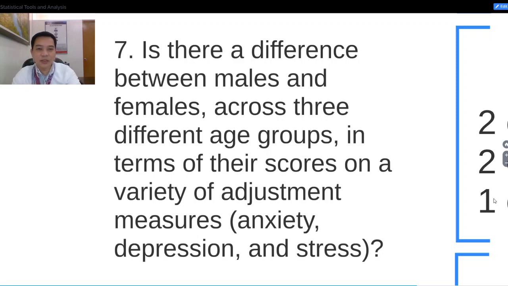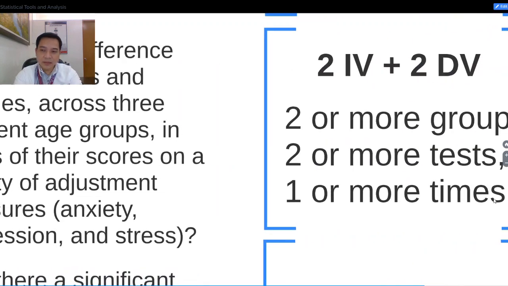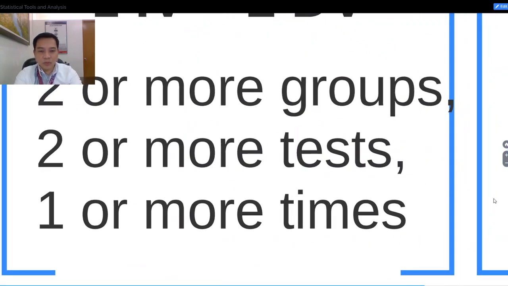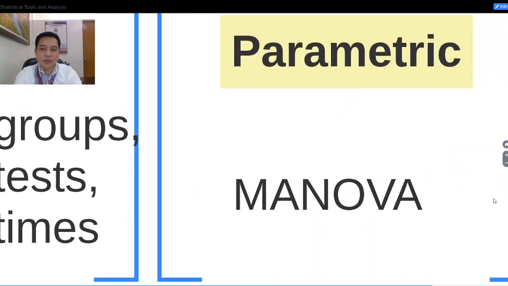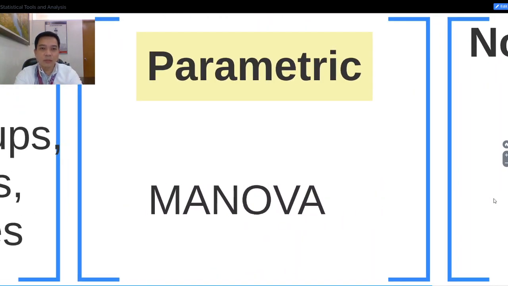This is the kind of question that is implied here. So let's say you have two or more groups, two or more tests, and one or more times. This is what you call multivariate analysis of variance, or MANOVA.